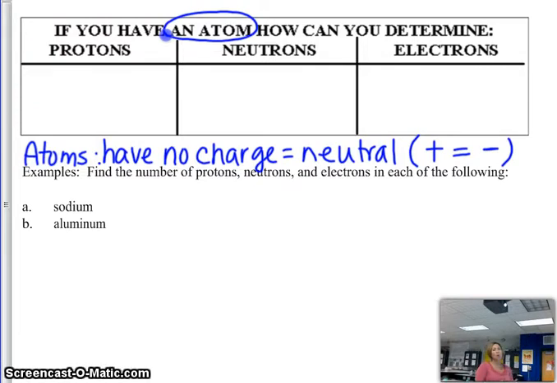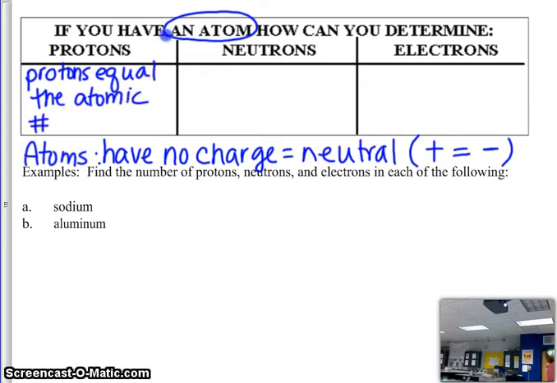So to find protons in an atom, again, it's the same way you find protons in anything. Protons is equivalent to the atomic number. Again, with the number sign. Let me write out numbers so you don't think it's a hashtag.